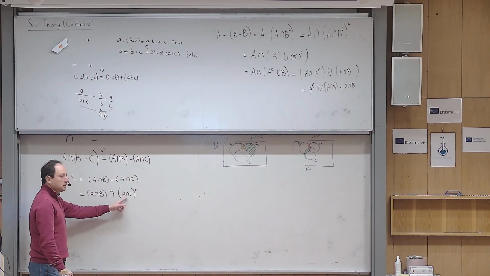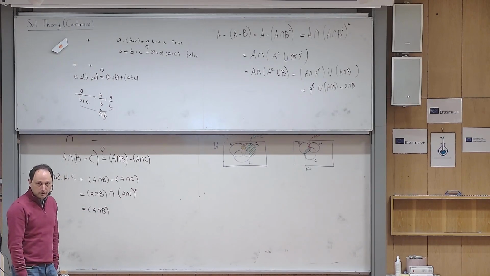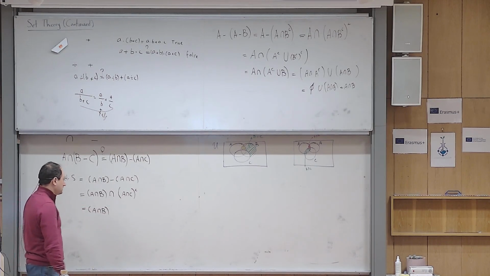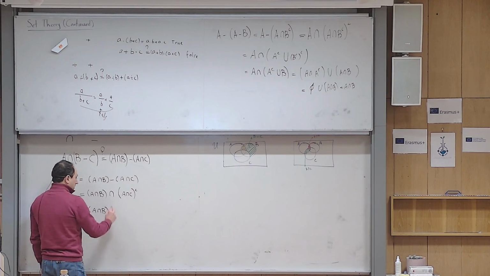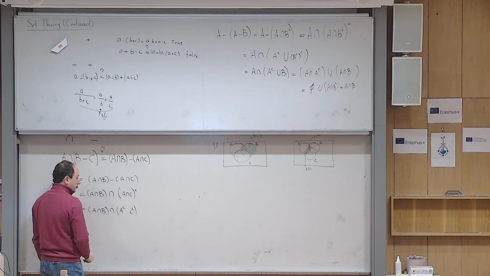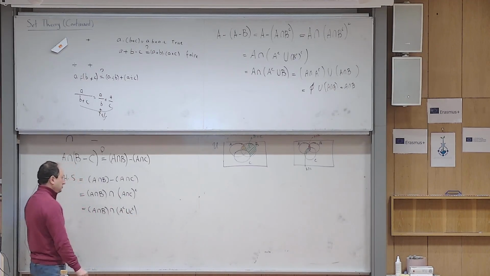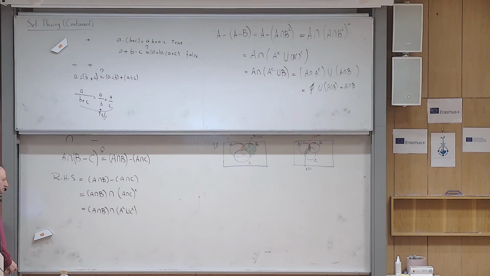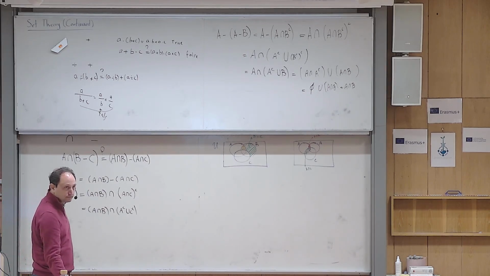And then what can I do here? One of the De Morgan laws, yes? So it becomes intersection, but here I can separately complement them. The price is to you. Okay, then what? Distribute.